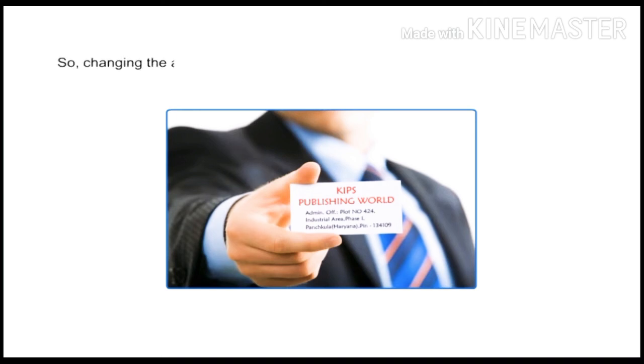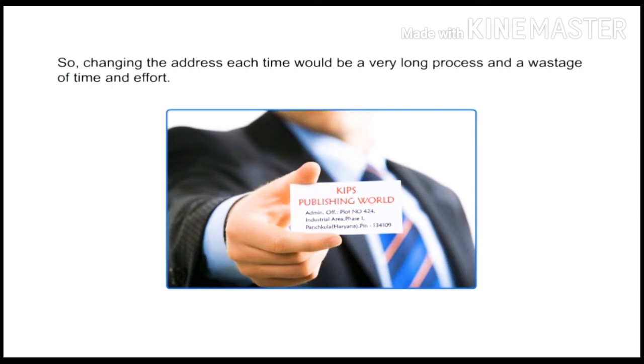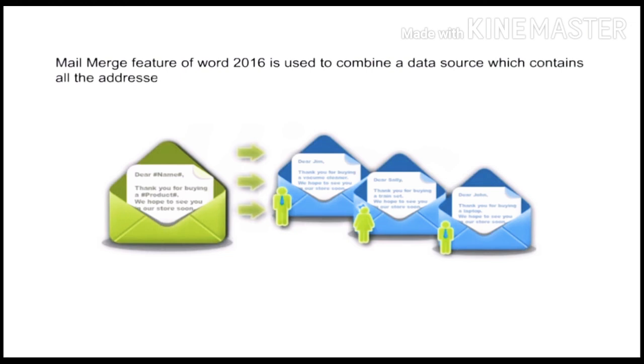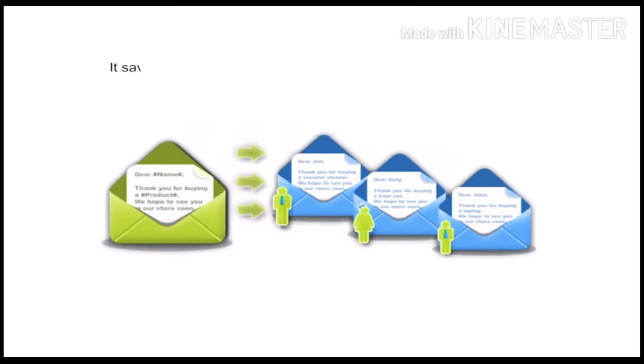So, changing the address each time would be a very long process and a wastage of time and effort. Mail merge feature of Word 2016 is used to combine a data source which contains all the addresses with the main document. It saves our time and energy to send letters at multiple addresses.